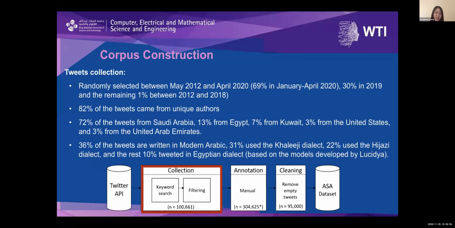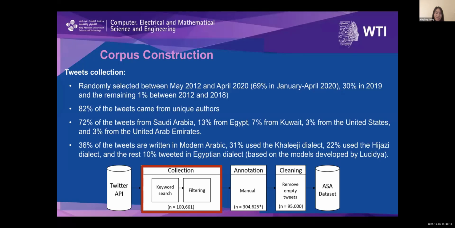So how did we get the data set? We collaborated with Lucidia. Lucidia is a data analysis company based in Riyadh, and actually the founder of Lucidia is our course alumni. So we collaborated with Lucidia to collect the tweets data.